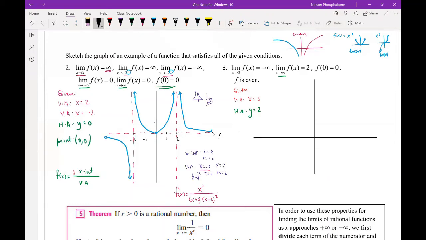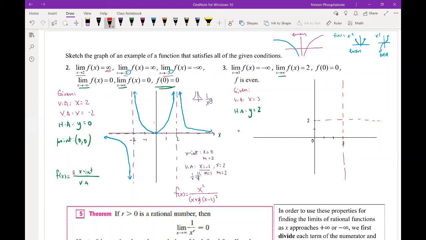Okay, so then let us put some scale on the graph. I have 1, 2, 3, and 1, 2. So I will have a vertical asymptote at x equal to 3 and a horizontal asymptote y equal to 2.